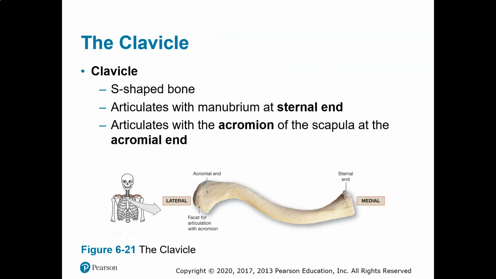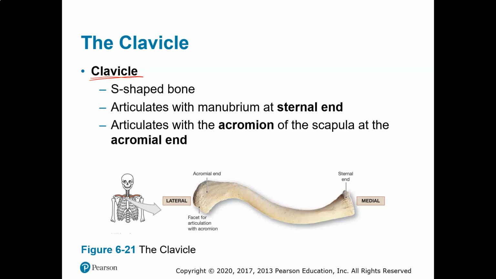The clavicle is actually technically classified as a long bone. It does have epiphyses and it has a diaphysis, but it is an S-shaped long bone. So it's a bit of an exception to the other long bones of the skeleton. Remember, articulate means joint. So if a bone articulates with another bone, that means that they come together and form a joint.